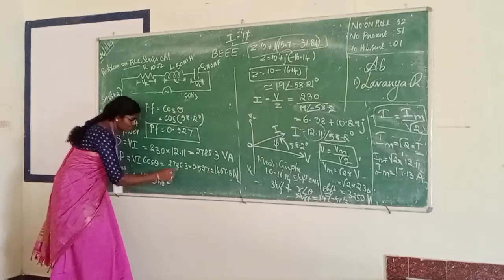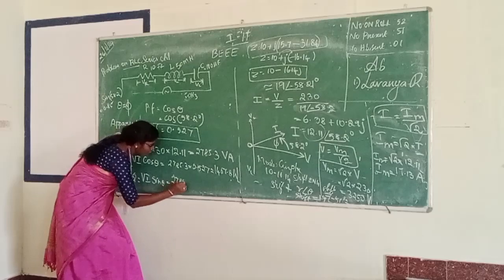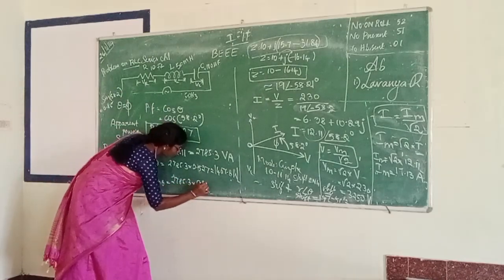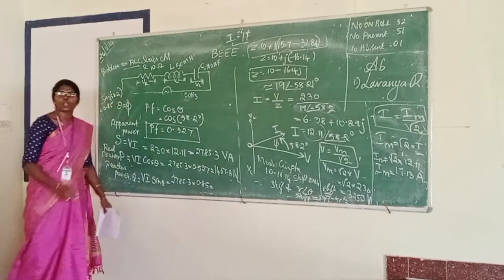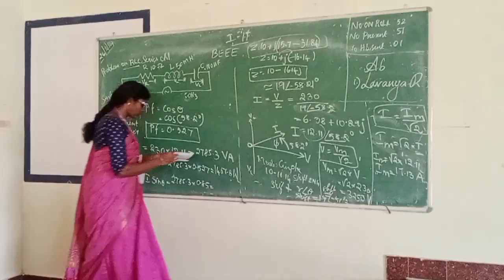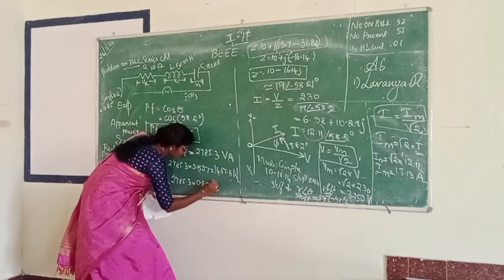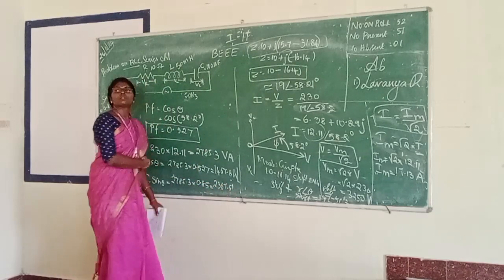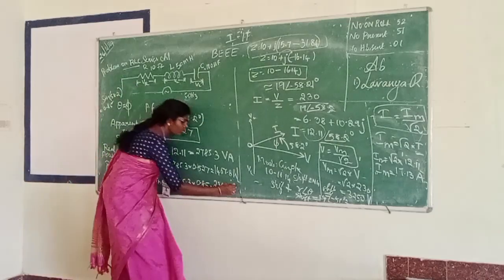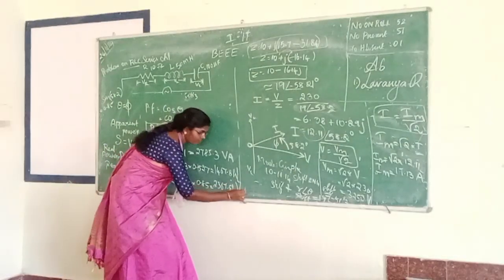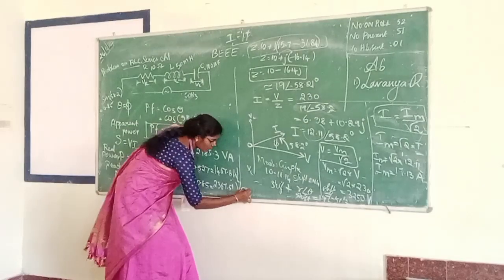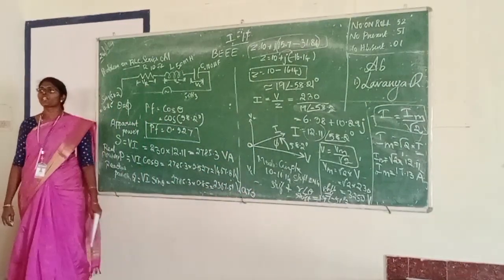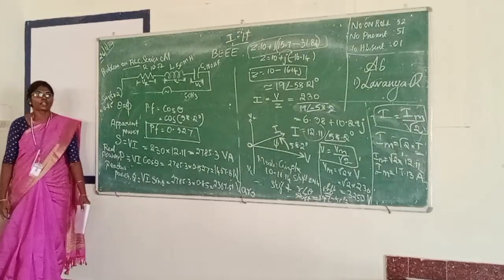Substitute that here. VI value is 2785.3 into sin theta is 0.85. The value for reactive power is what? 2367.51. The unit for reactive power is VARS.